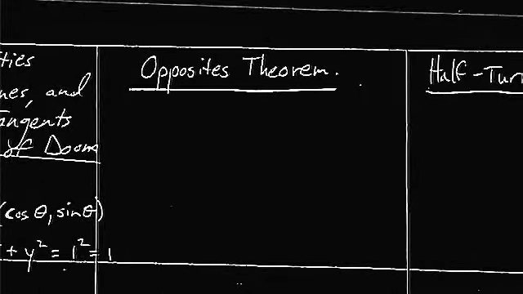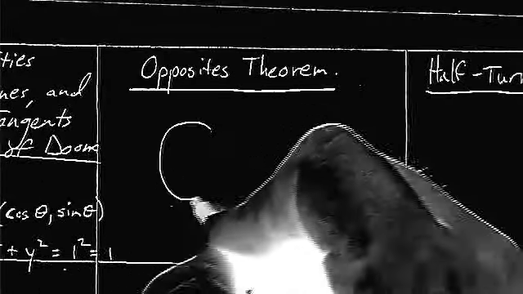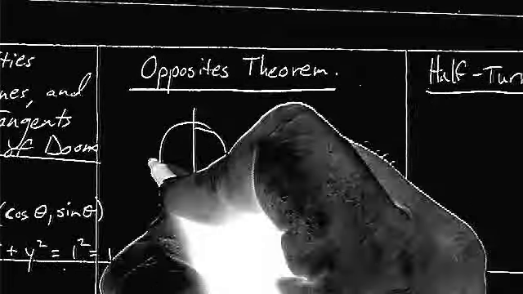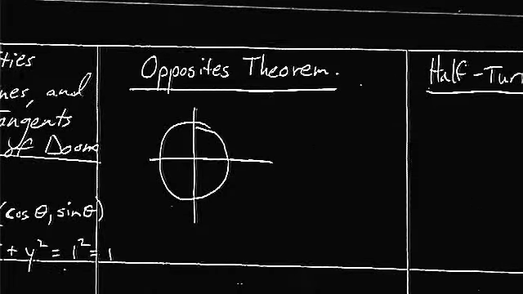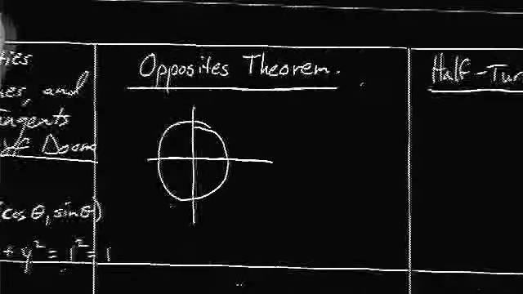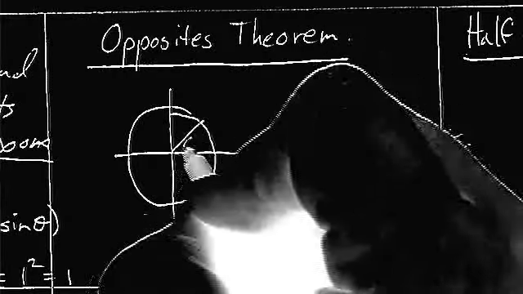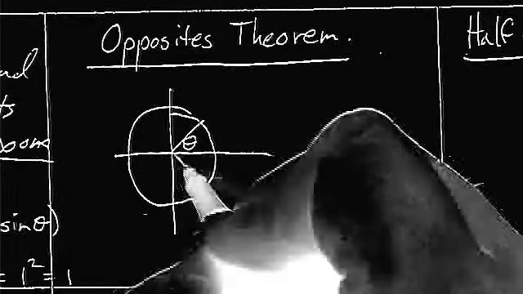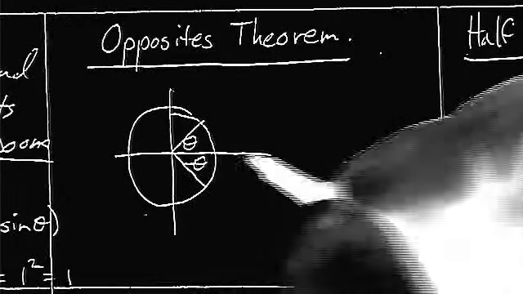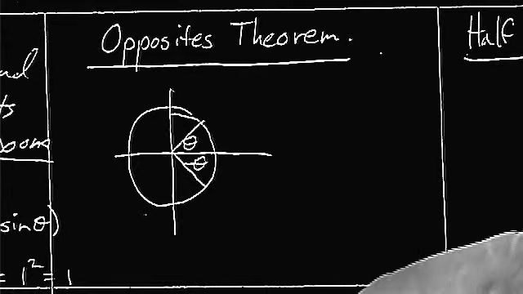Okay, opposites theorem. There are a few different theorems we need to go around the circle and understand. The opposites theorem. So on my slightly poorly drawn unit circle, we've got the angle theta, and we've got negative theta, right? Those are opposite angles from each other. So let's see here.